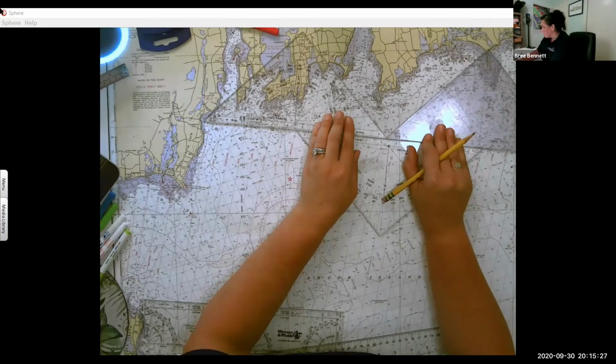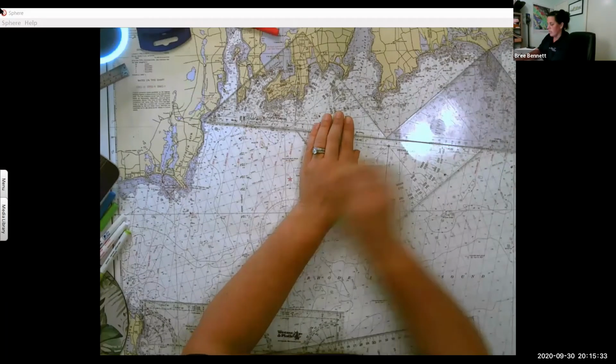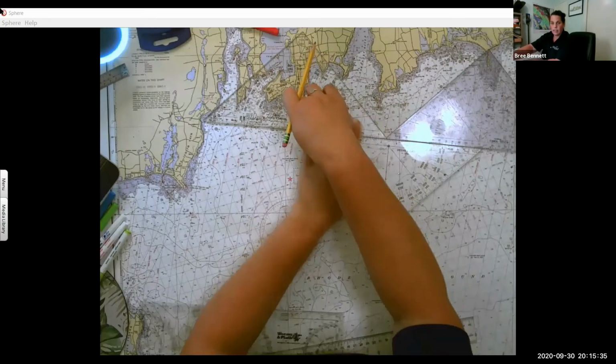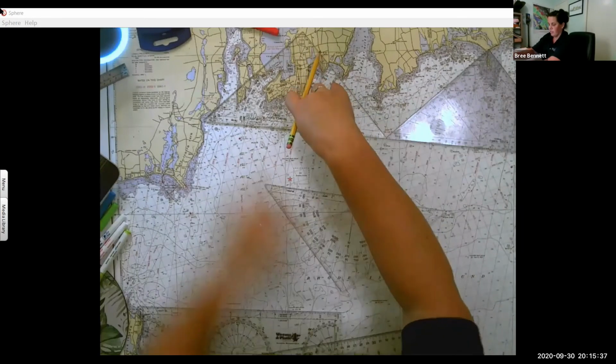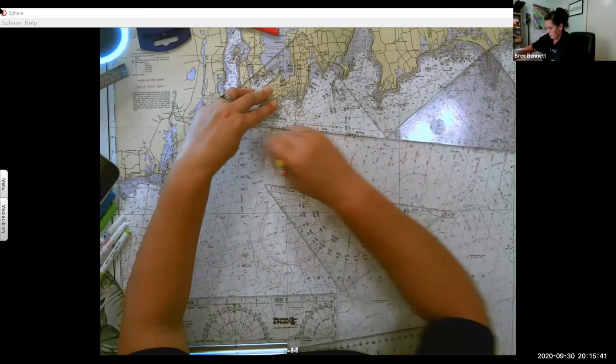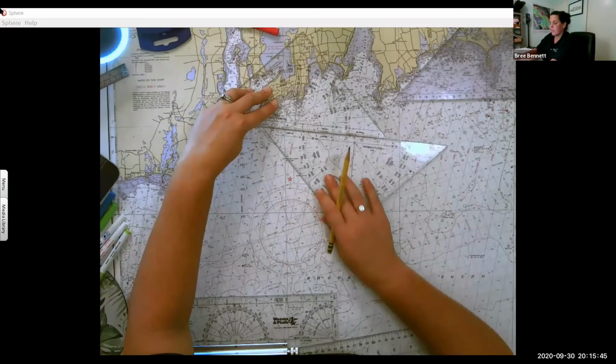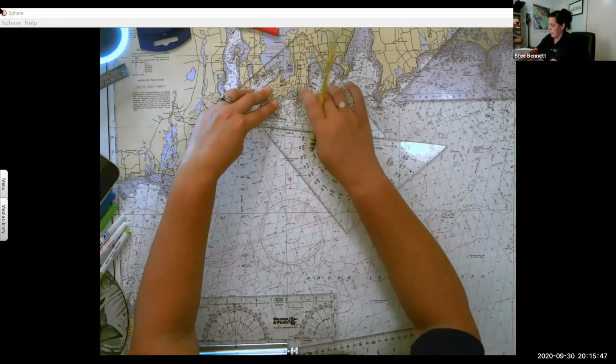Okay. So now I can see that my light is touching the line here. My light is touching the line here. So now I'm going to go to one triangle and draw in my line. And then I'm going to move the triangle with another triangle, but always draw off of this top one.